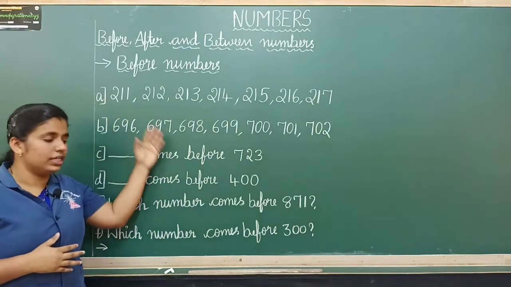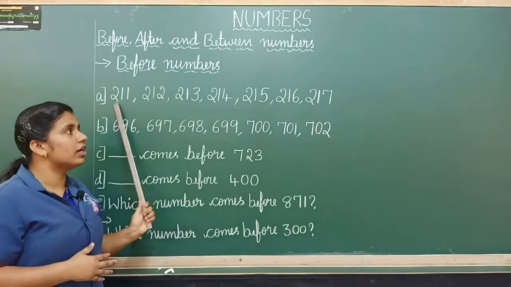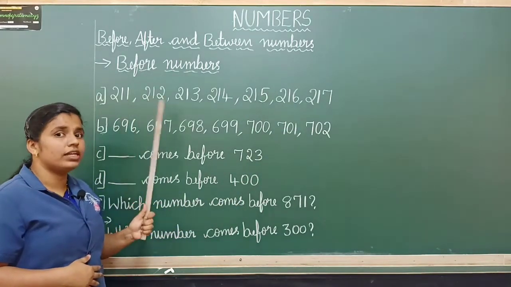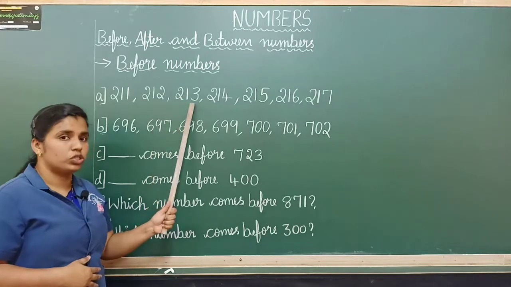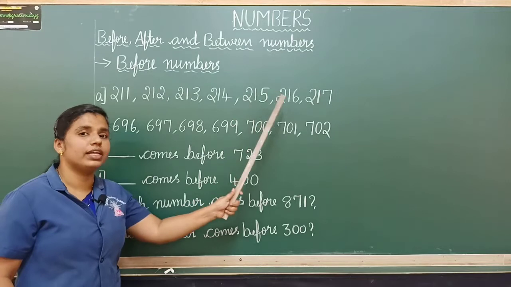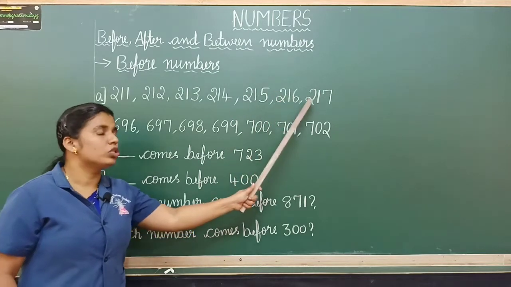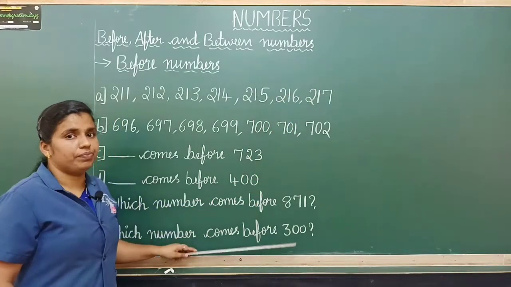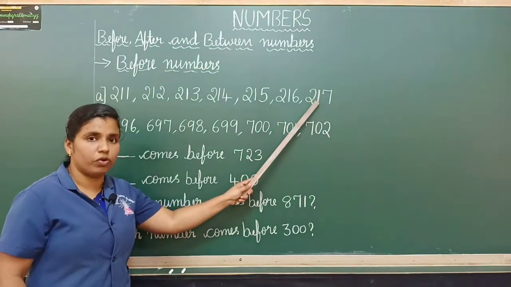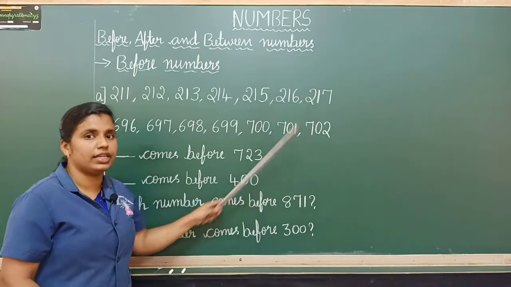Here you can see I have written a group of numbers 211, 212, 213, 214, 215, 216, 217. So now, which number comes before 217?